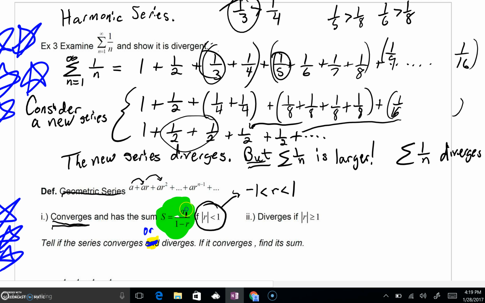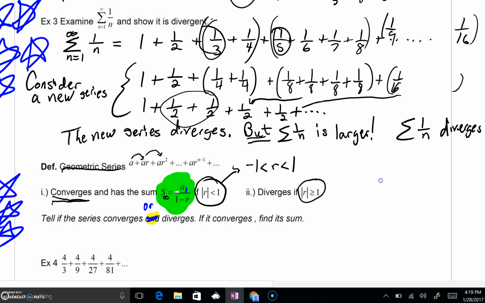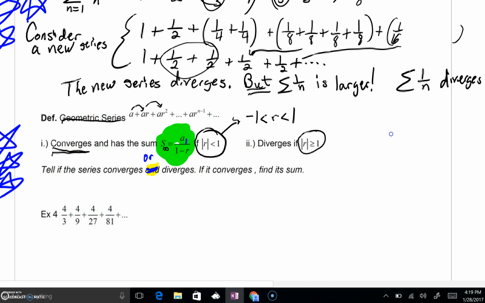That infinite sum will be the first term divided by 1 minus the common ratio. Sometimes you'll even see some textbooks write a little infinity down there saying, add that up forever. You're going to arrive at first term all over 1 minus r. By way of comparison, if that common ratio in absolute value is bigger than or equal to 1, that series will diverge.